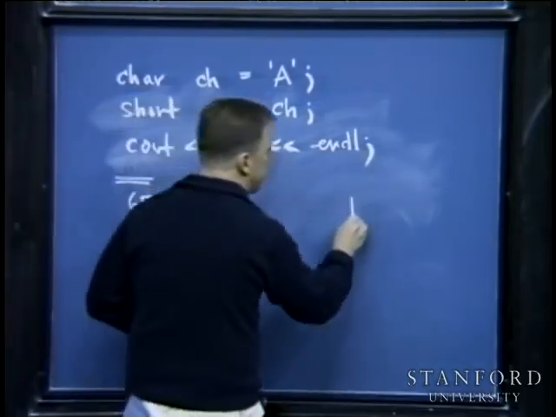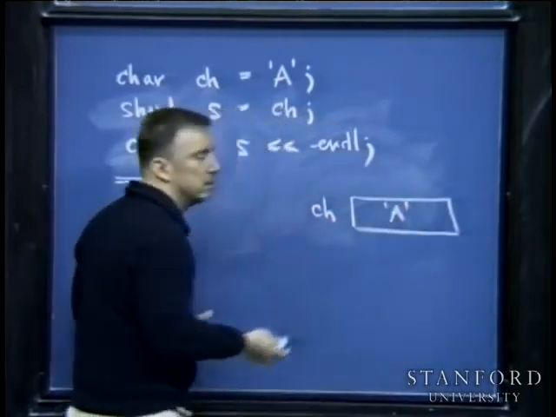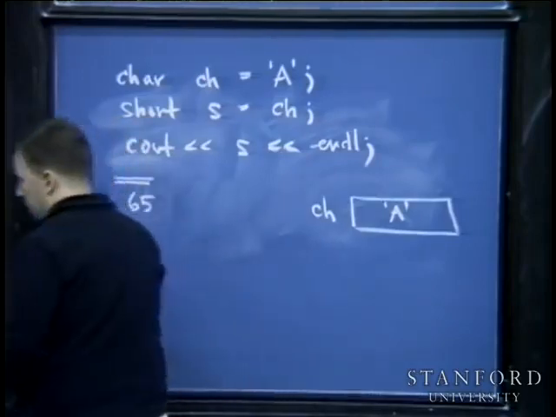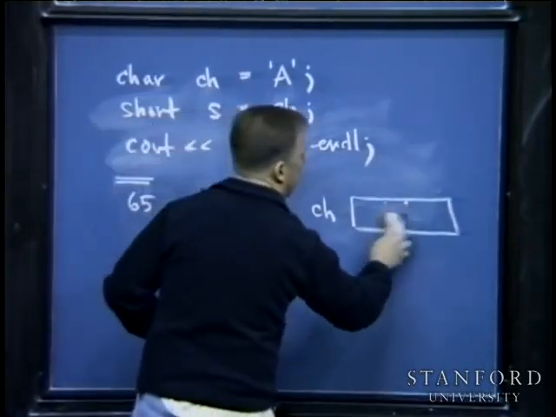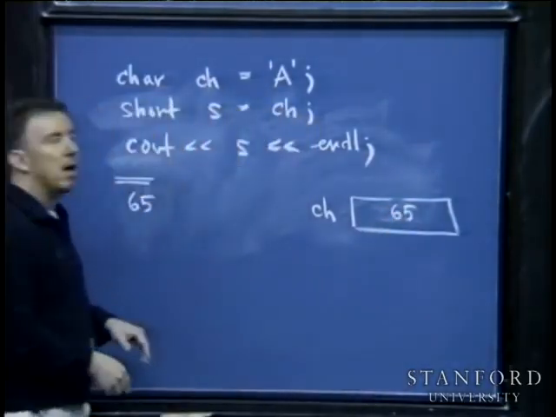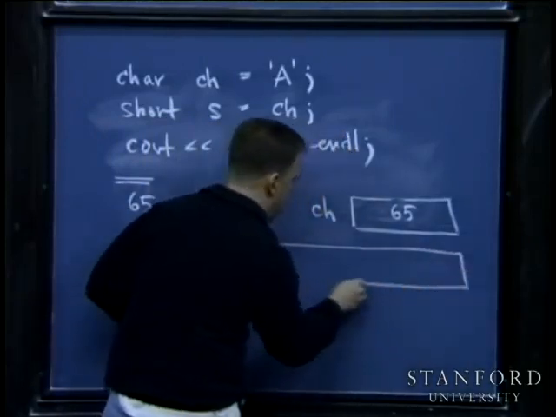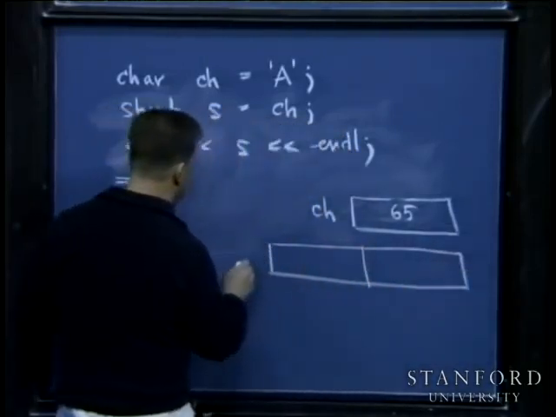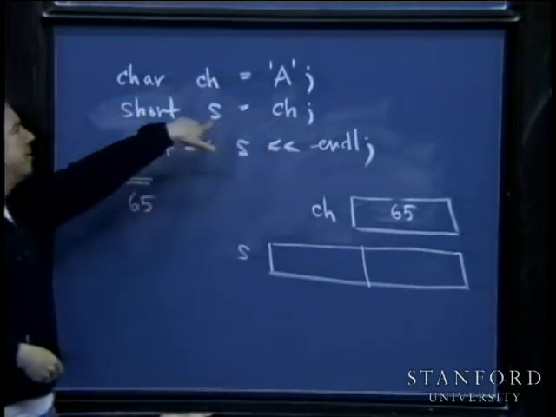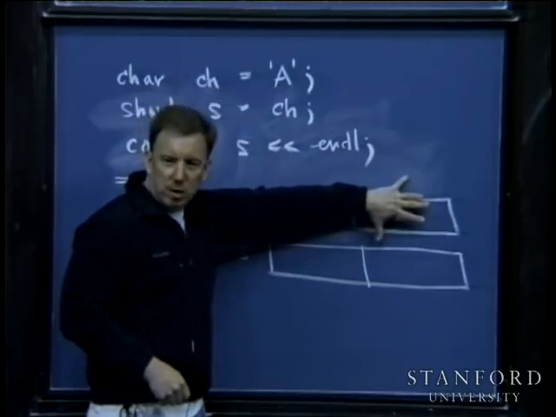Because the declaration of ch doesn't put a capital A there. It puts the integer value that backs it there, which I will draw as decimal. You know that it's really 1s and 0s. And so when time comes for you to assign to s, in order to achieve the effect of the assignment, it will copy this bit pattern, and this is what it really does electronically.